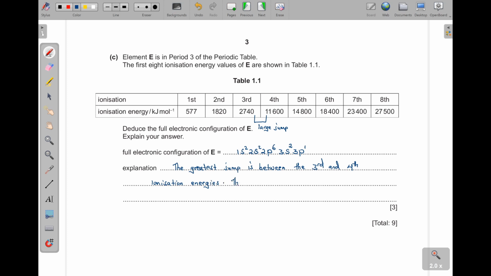So this means that there are 3 electrons in the outermost shell. As simple as that.